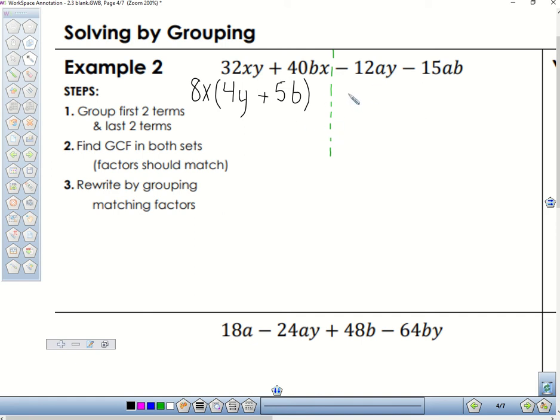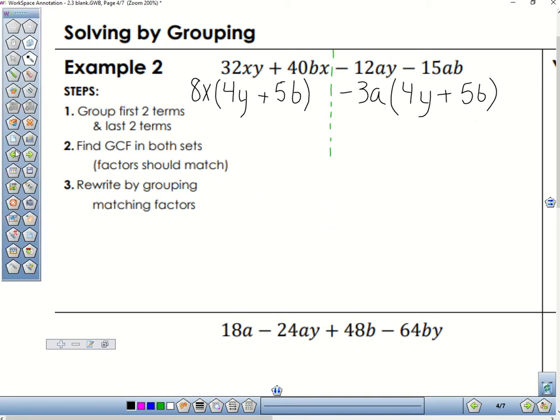And an a. So when I do that, that becomes negative 3a times, and then what is it going to become? It's going to become a positive 4y plus a 5b. Why is it plus 5? Because I factored out a negative, yeah.